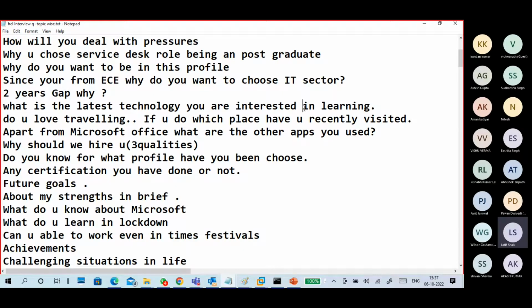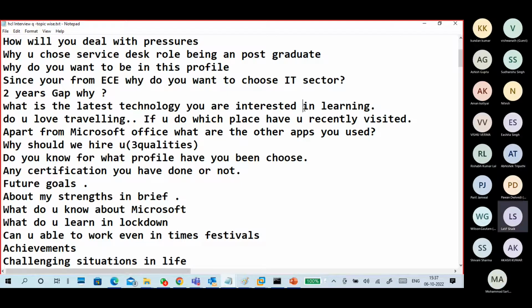Some people say things like I love eating, I love traveling, I love bikes, I love cars, I love reading books, I love stamp collecting. So this kind of thing is also there, and people will ask questions about it. It's like a hobby type.